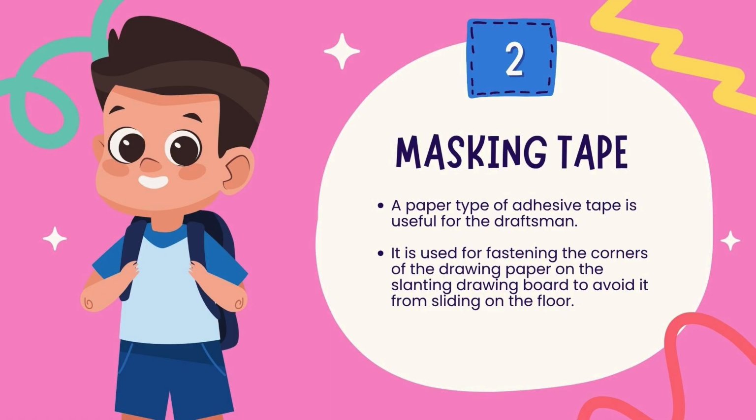This stability ensures that lines, measurements, and details remain accurate, which is crucial for precise technical drawings. Additionally, paper tape is preferred because it does not damage the drawing paper when removed, unlike stronger tapes that may tear or leave sticky residue. This helps maintain the cleanliness, neatness, and professionalism of the drawing.